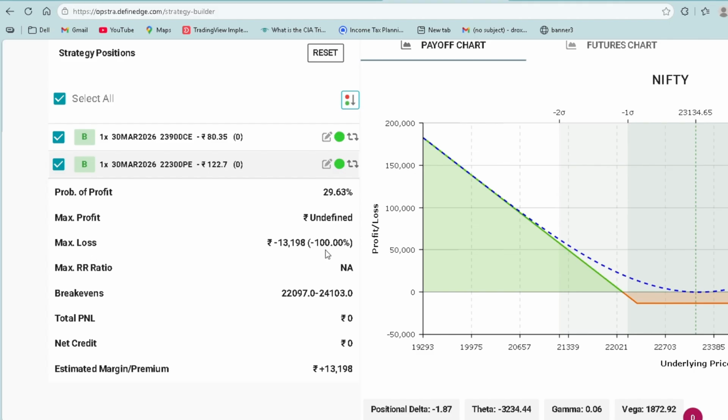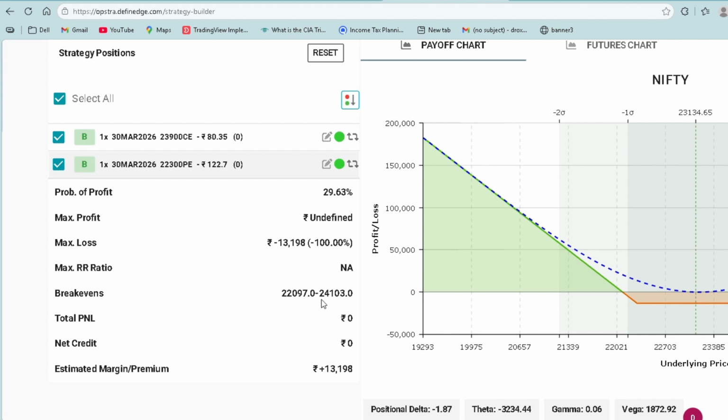Max loss same as before, 100%. Break evens here are 22,097, and on the upper side 24,103.